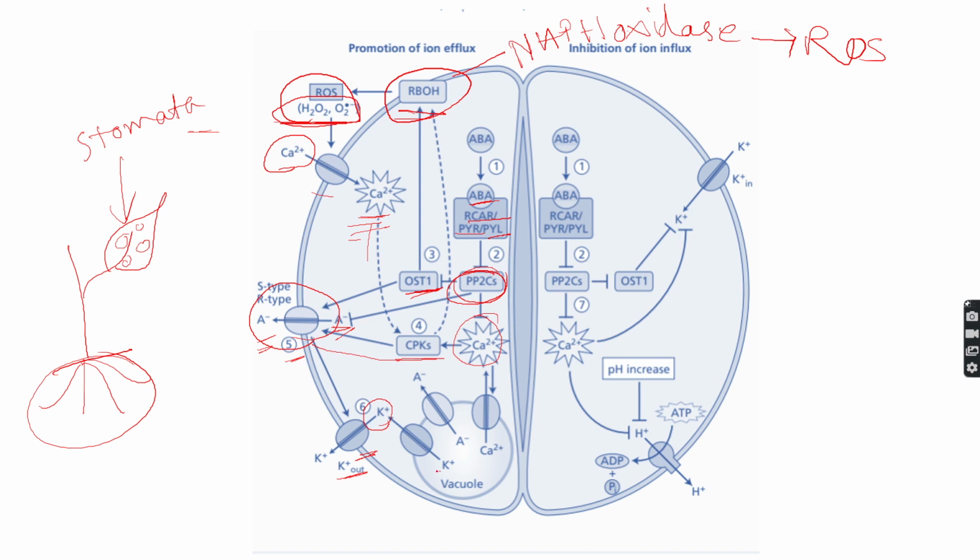But potassium and anions are reduced in the cytosolic region, as the outwardly rectifying channels of the plasma membrane are also activated. So calcium is increasing, potassium and anions are decreasing.